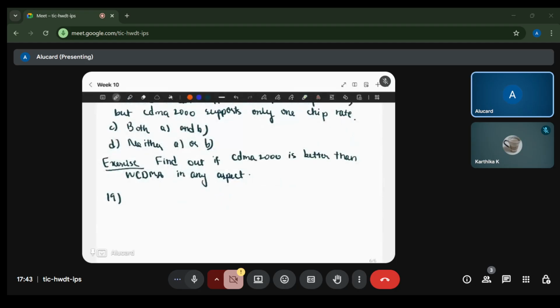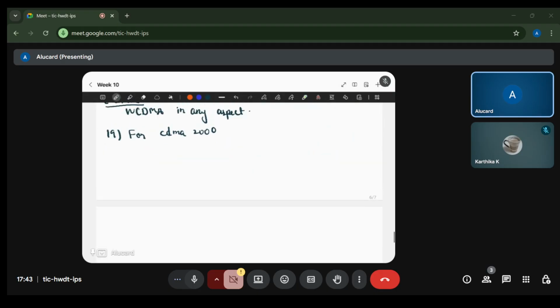Question 19. For CDMA 2000, base station codes are separated by 64N codes, where N is an integer.